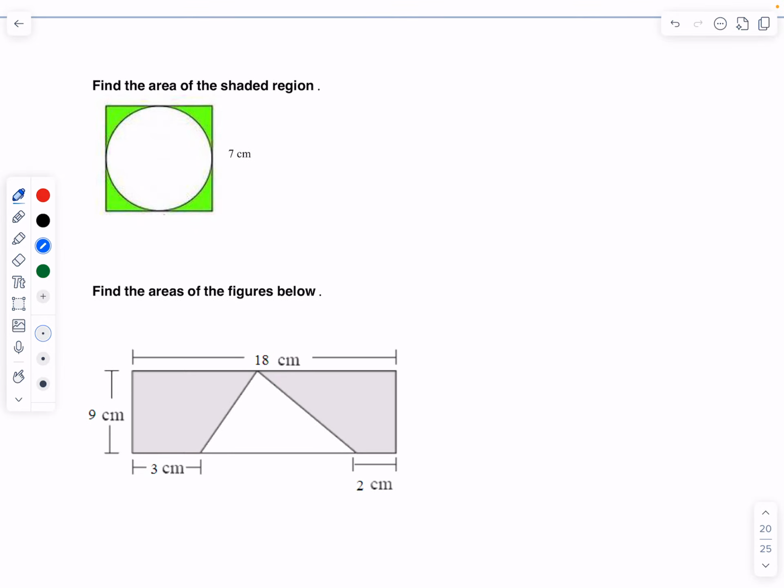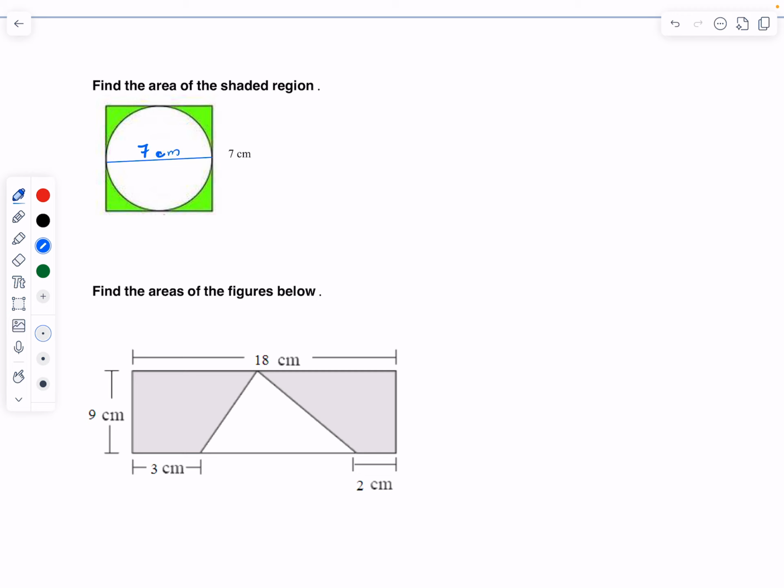Find the area of the shaded region. Okay, so by the way, if I know the length of the square is 7, then I can make the assumption, because it's a square, that I have the diameter, which is also 7 centimeters.